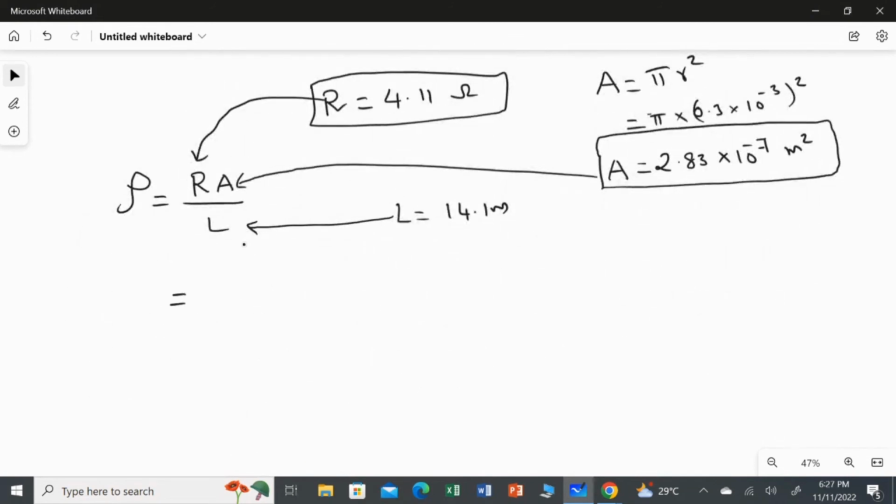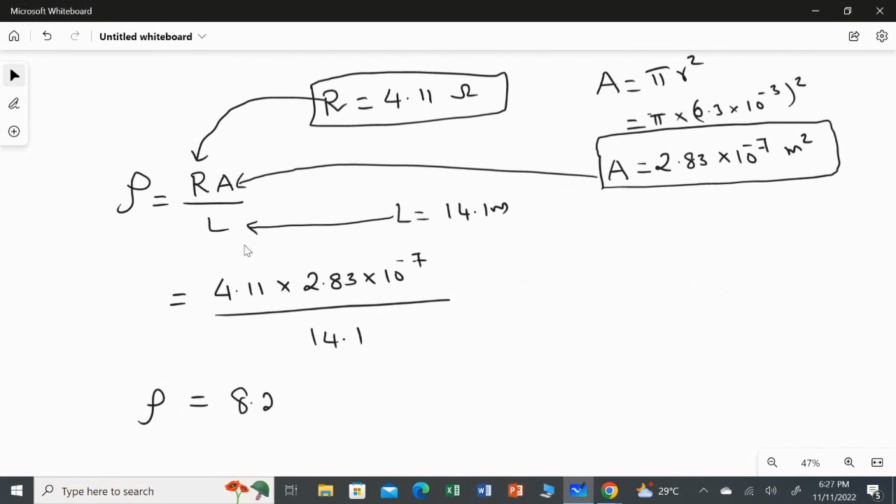So R value 4.11 multiplied by 2.83 multiplied by 10 power minus 7 over 14.1. So I got the answer as 8.25 multiplied by 10 power minus 8.